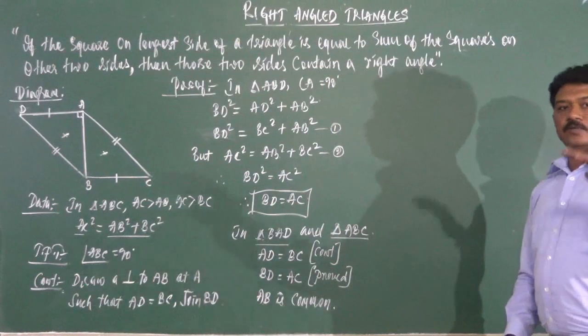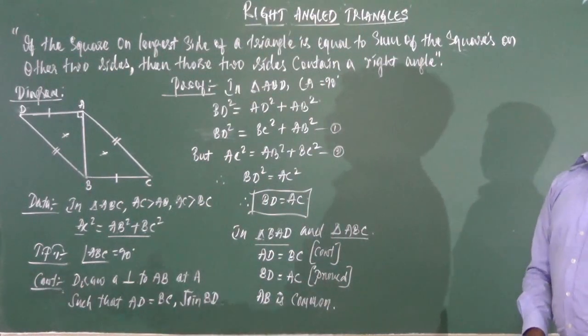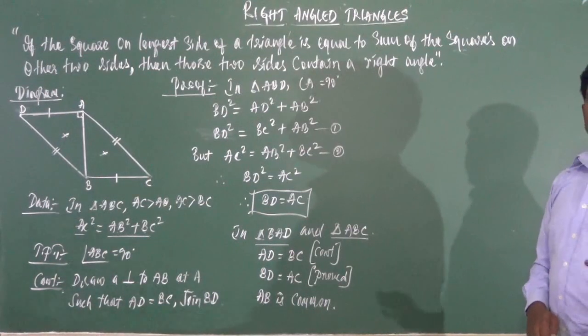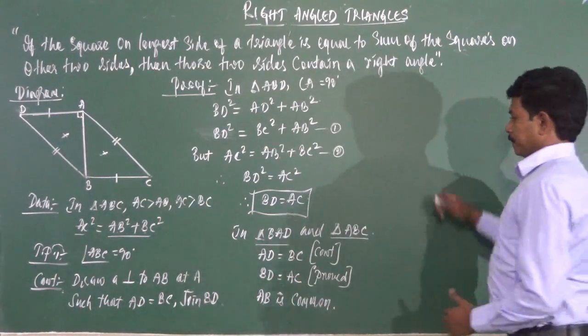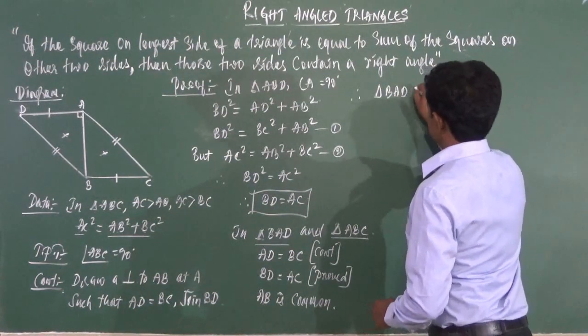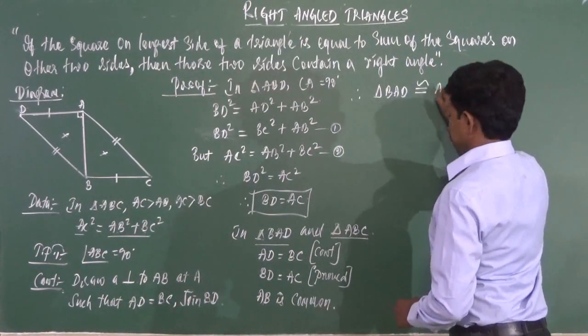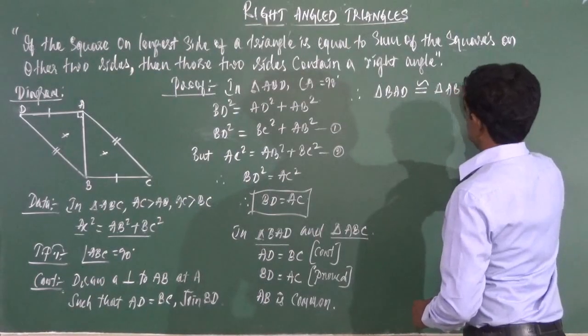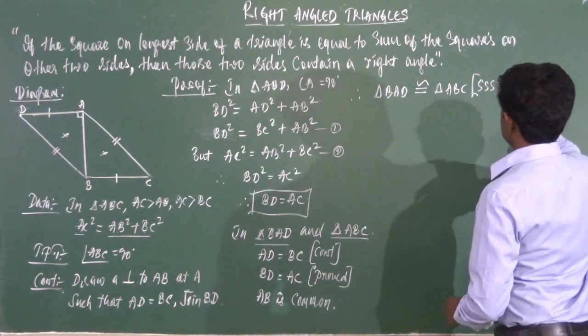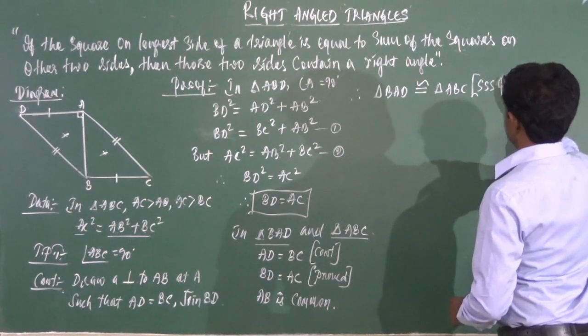If three sides of one triangle are correspondingly equal to the three sides of the other triangle, then both the triangles should be congruent to each other. So triangle BAD is congruent to triangle ABC according to SSS congruency or SSS postulate.